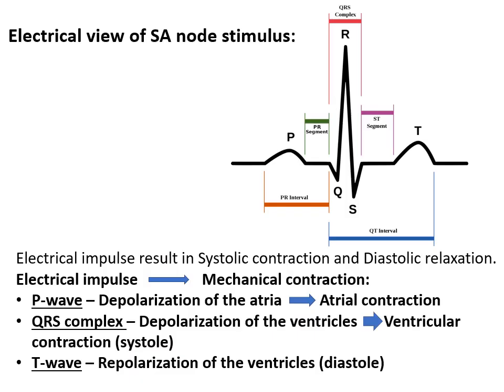So let's look at an electrical impulse starting at the SA node, which is where an impulse usually starts. So under normal healthy conditions, it's the sinoatrial node that starts the electrical impulse.